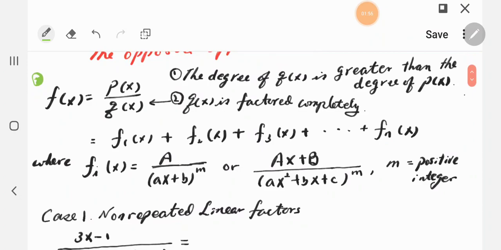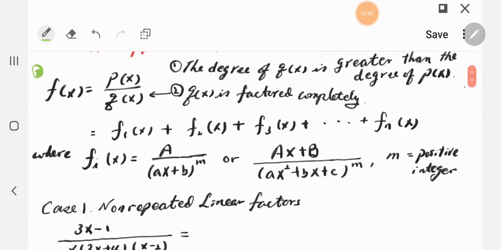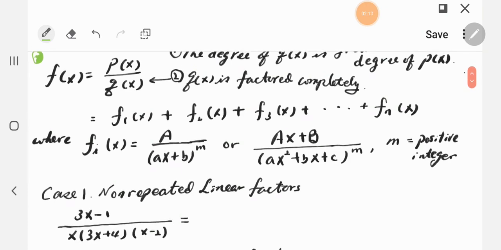Each fraction has a denominator, and the denominator can be a linear function or a quadratic function. So we have linear factors, quadratic factors, and so on.